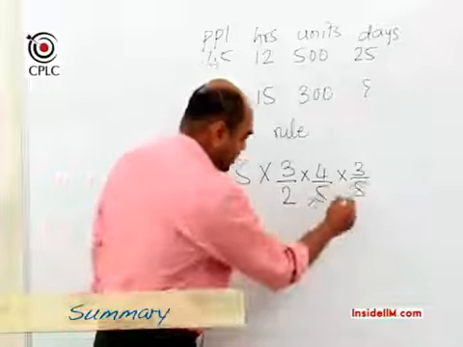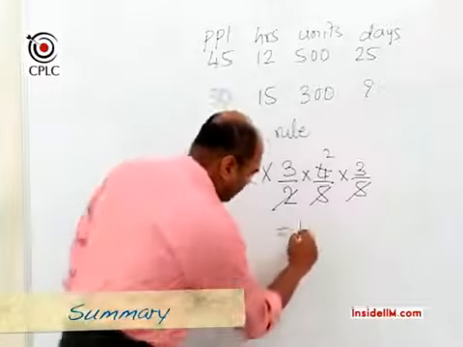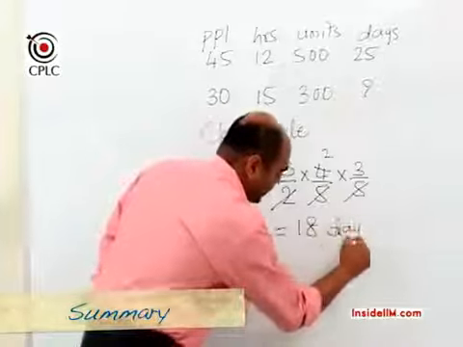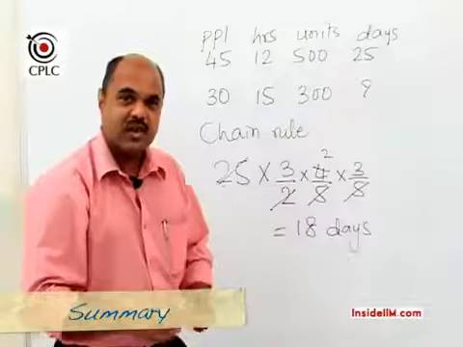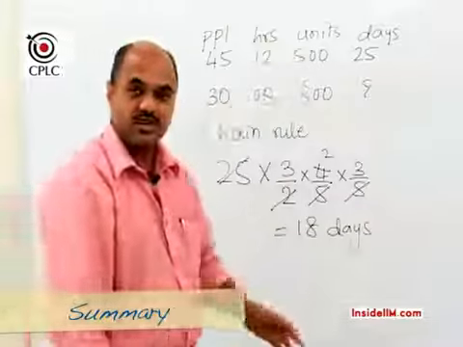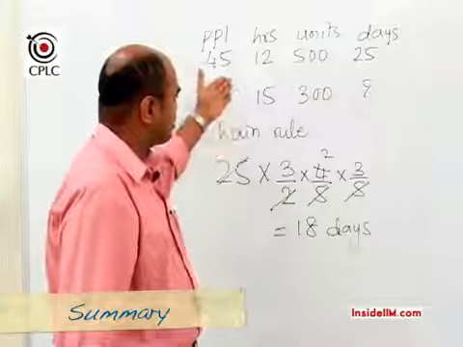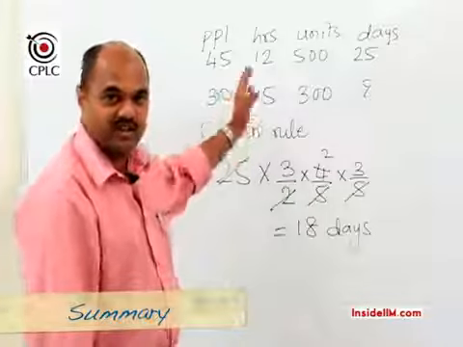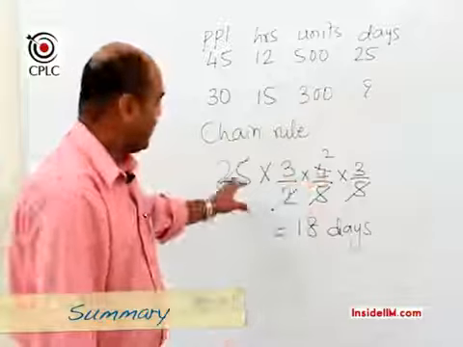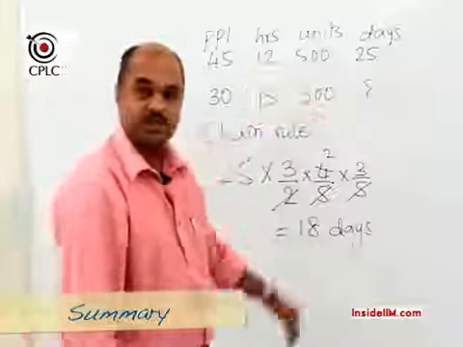And what we can simply do here is 25 cancels off, and hence the number of days required would be 18 days. So this is how we can solve a question of this type using the concepts of ratios and variation: looking at whether there is a direct variation or an inverse variation, and accordingly calculating the value of the question asked.